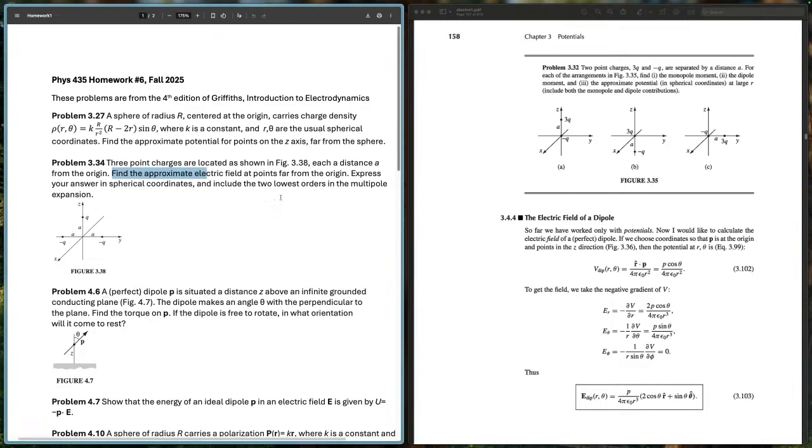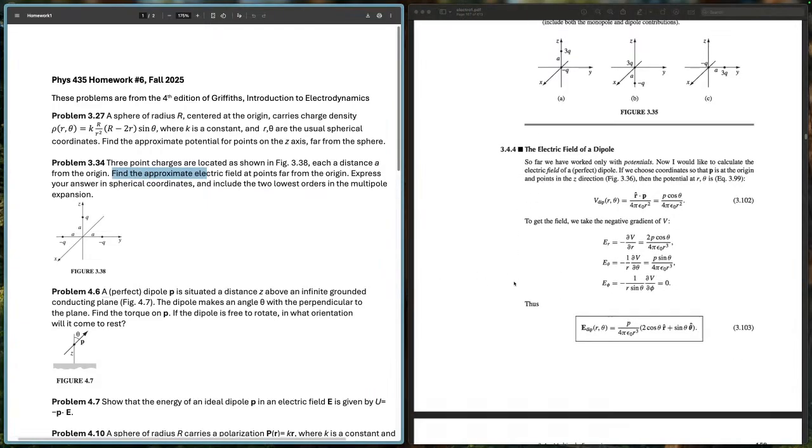And we also want to find the E field. Okay, it seems like this formula is quite effective here.